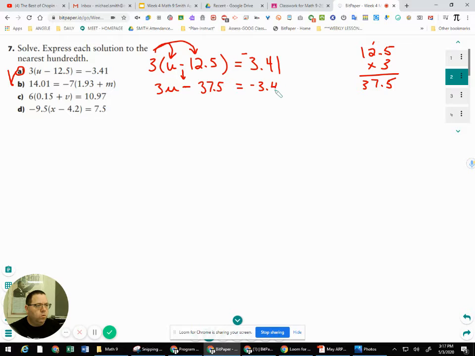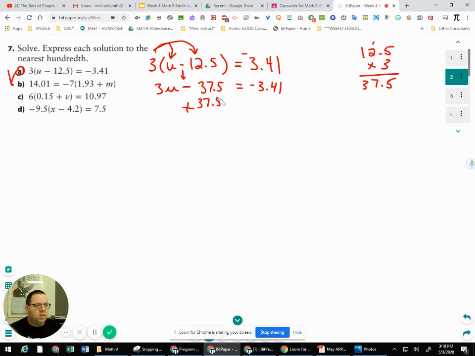All right, so now we just got a two-step equation. I don't consider this question too challenging. Certainly we can ask you more difficult questions, but you have to distribute the 3 through the brackets. Make sure you multiply both terms inside the brackets.